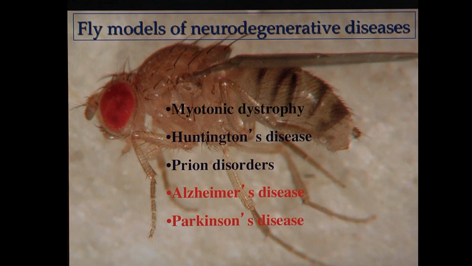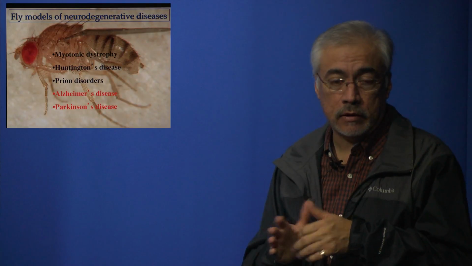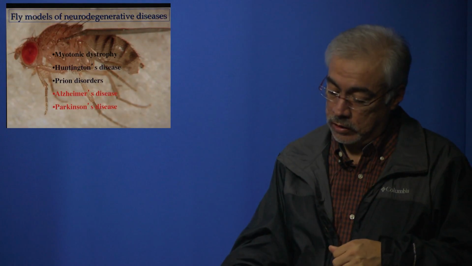They are lethal disorders, and there is nothing that we can do at this point to stop or delay or prevent the disease. So that's a very, very important problem, and many of us are working pretty hard to address that situation. Today I'm going to just talk about Alzheimer and Parkinson because of time limitation, but this is basically what we do.